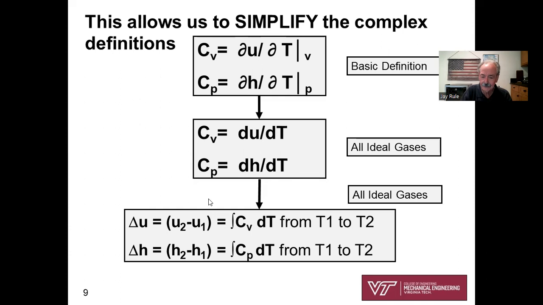Then in engineering, we're going to have to calculate delta U and/or delta H lots of times. So we manipulate this into a differential equation and integrate it to get delta U is the integral of CV dT, and delta H is the integral of CP dT.